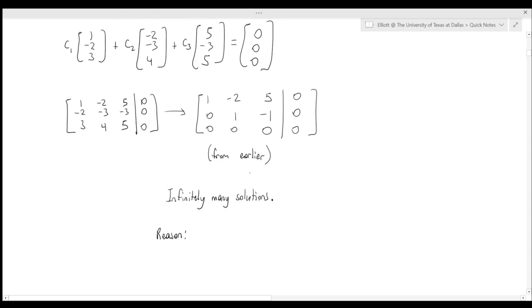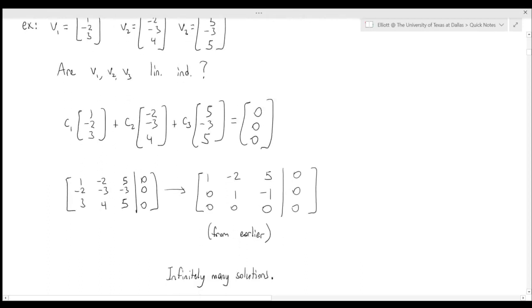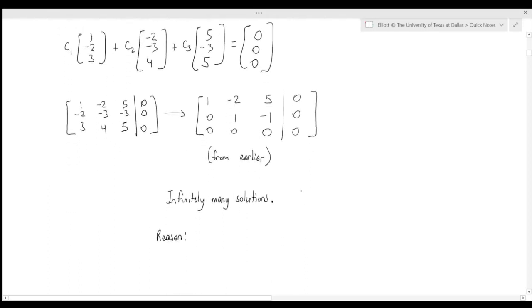So if we notice right now that there are infinitely many solutions, we can actually just answer the question right now, are they independent? So the answer would be no. Because by the definition, to be independent, the only solution has to be that C1, C2, C3 are all equal to 0. But here we're saying that's not the only solution because we have infinitely many solutions instead.